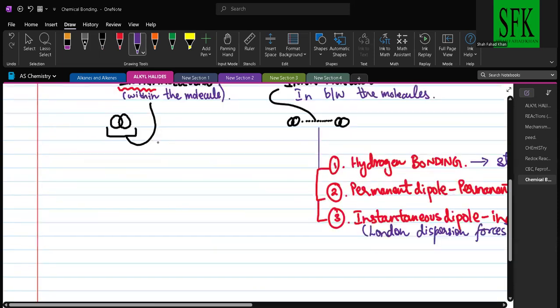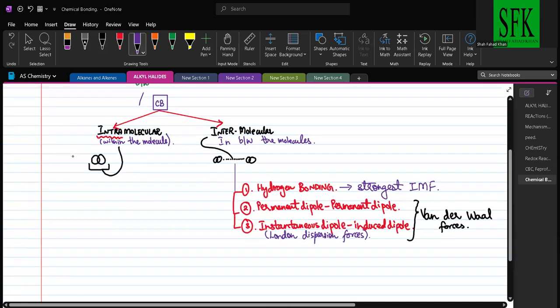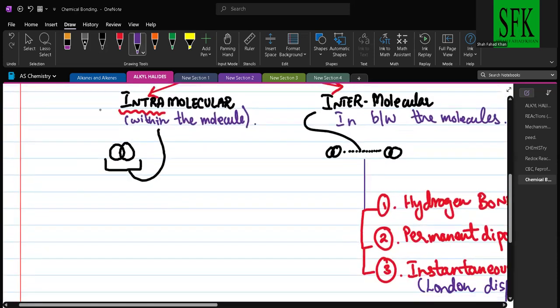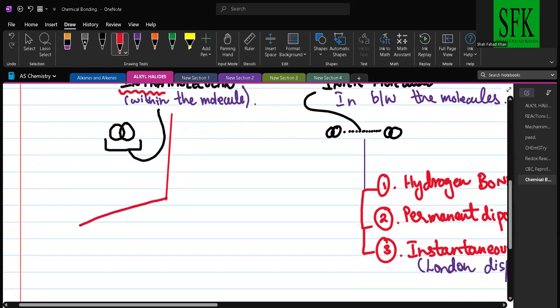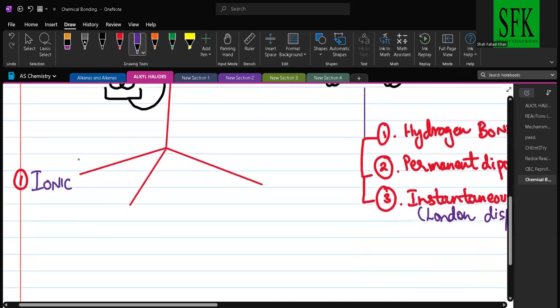Okay, right. Now coming to the intramolecular forces that you need to know about. The intramolecular forces are of three broad categories as well. The first one for you to remember is known as ionic bonds.